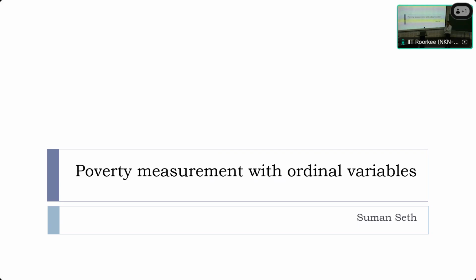Or you can say somebody is very happy versus moderately happy versus unhappy. But if I compare a very happy person with a moderately happy person, can you say how many times happier the very happy person is? No. We know that one is better than the other, but we have no way of assigning any particular scale.